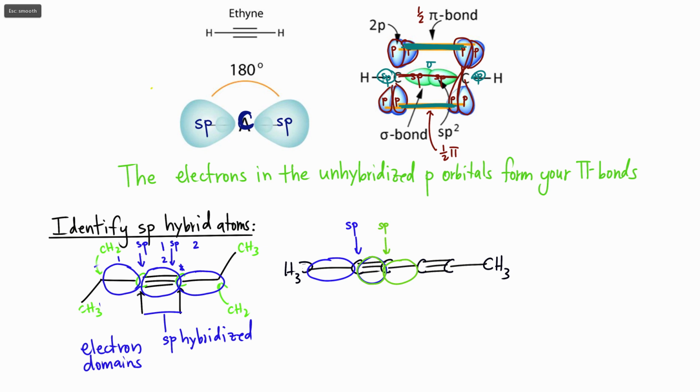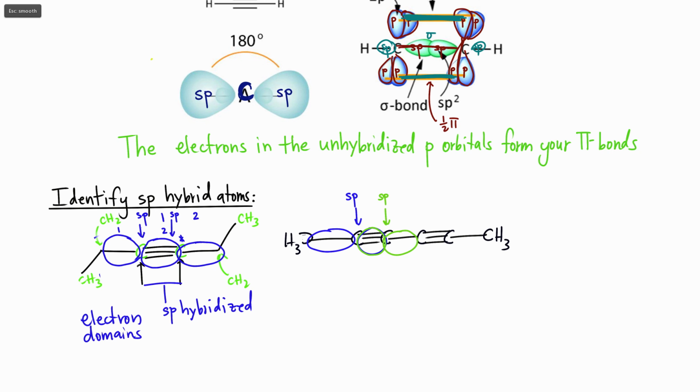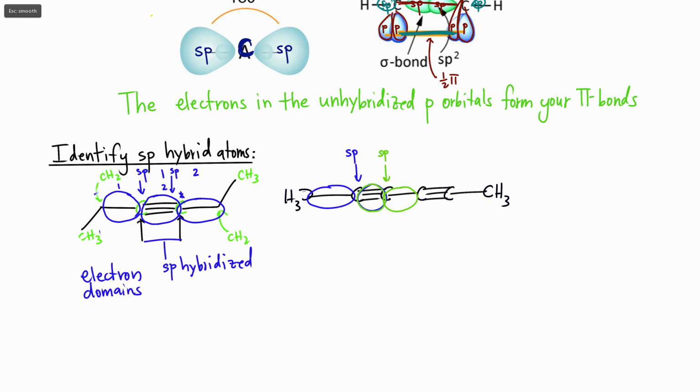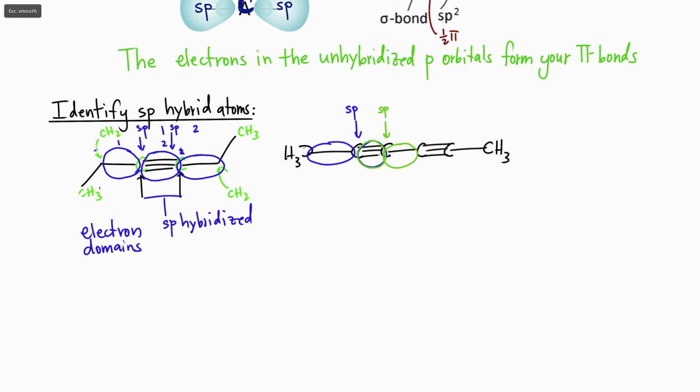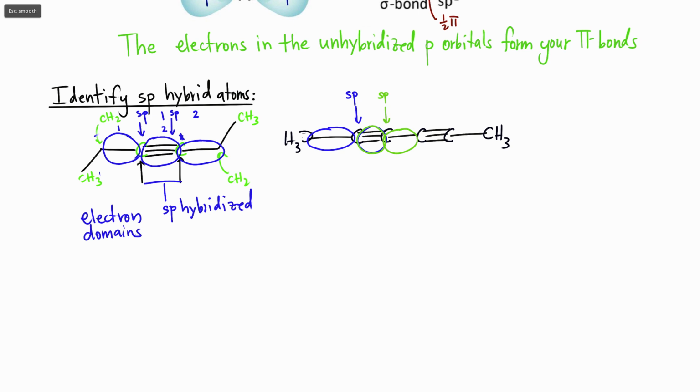Okay? Now, we should be able to identify and recognize what is an sp hybridized atom. Okay?